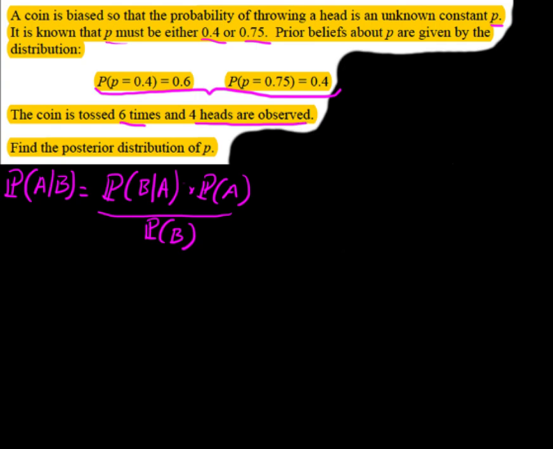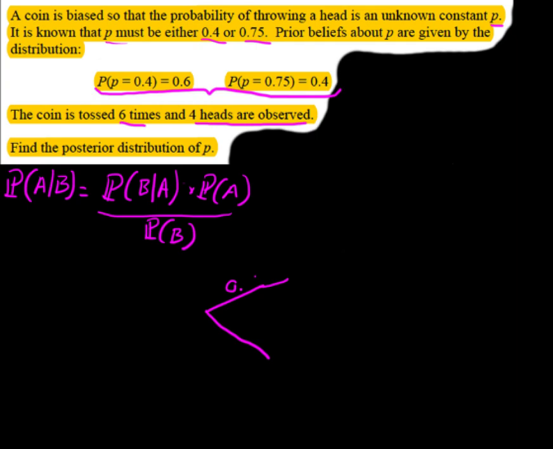Well, it's always important to remember this little formula here. And basically, a good way to figure this one out would be to use a tree diagram. So what we're saying is, before we even toss the coin, if I tell you I've got 2 coins and 60% of the time I use the one that gets heads at 0.4, and my other coin I use 40% of the time, and that one gets me a heads 75% of the time.